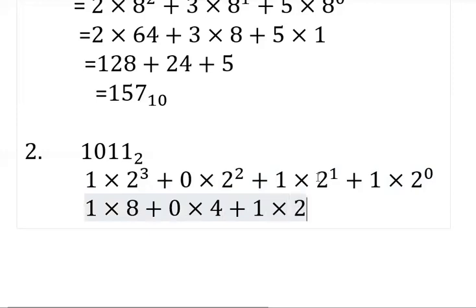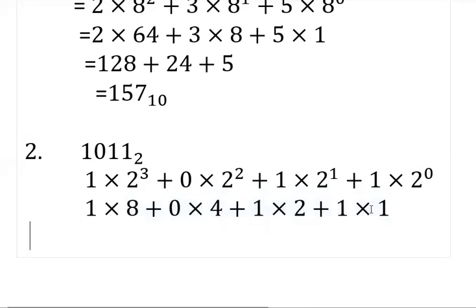Plus, you have 1 here, times anything raised to power 0 is what? 1. Awesome. So you have 1 times 8 plus 0 times 4 plus 1 times 2 plus 1 times 1. Awesome.